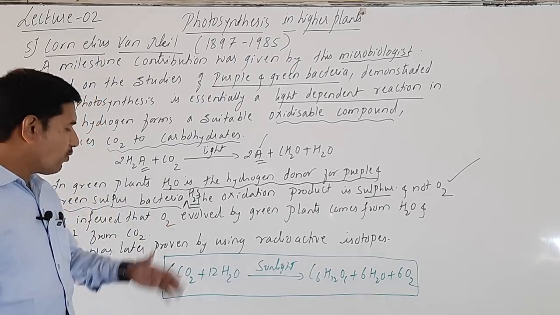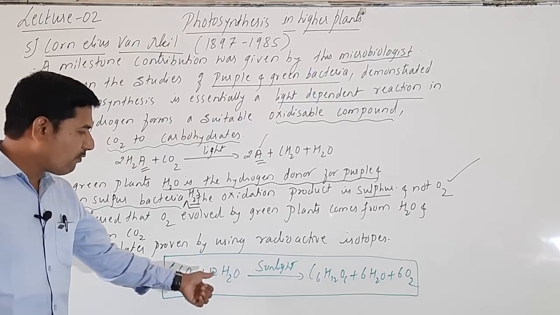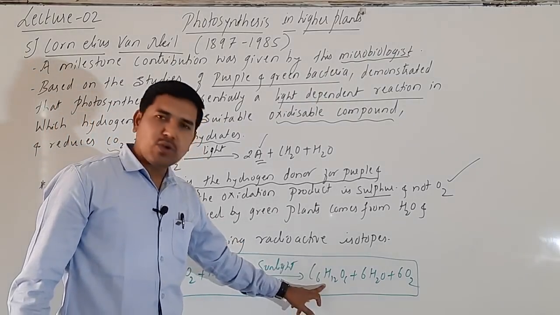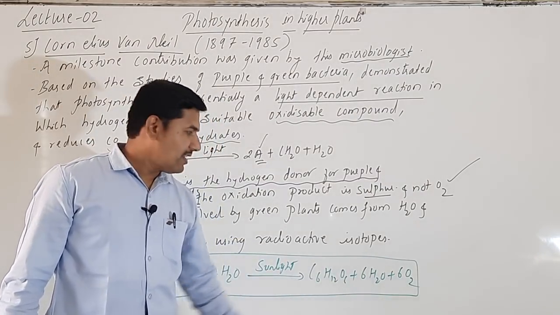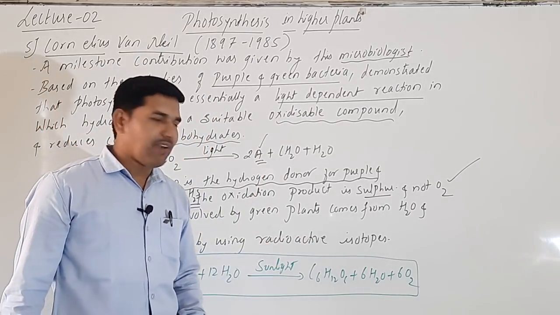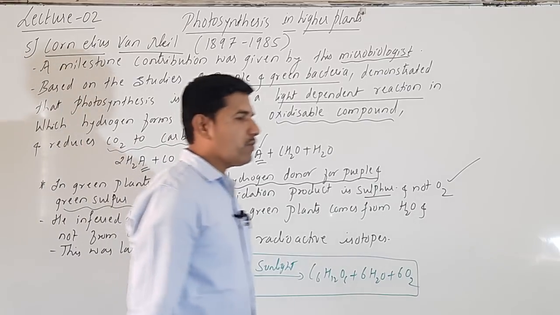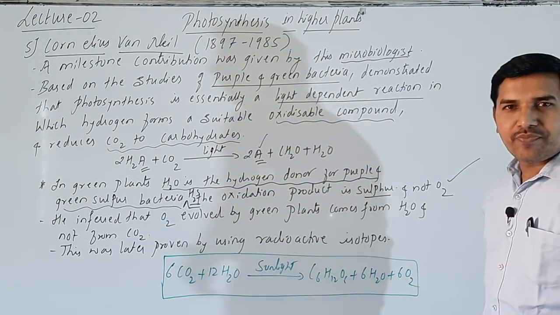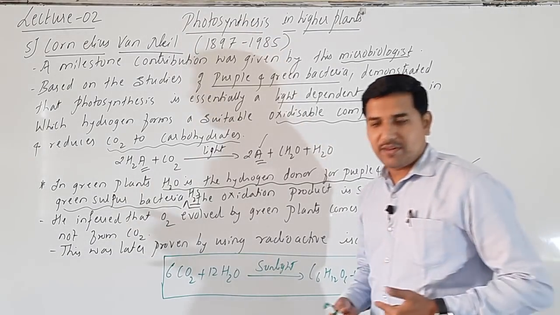And here it goes: if 6 molecules of carbon dioxide and 12 molecules of water in presence of sunlight and chlorophyll produce 1 molecule of glucose, C6H12O6 is glucose, and 6 molecules of water and 6 molecules of oxygen are released. So this is regarding the final equation for the process of photosynthesis. Okay, so what you need to do is just pause the video and write all the characters, right? So with this, let's move on to the next part.